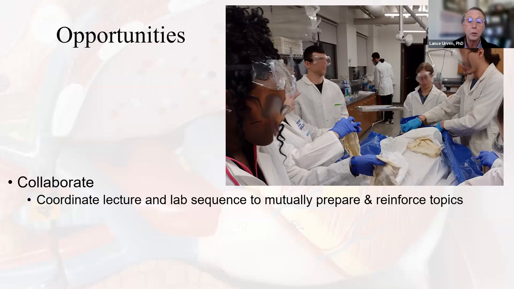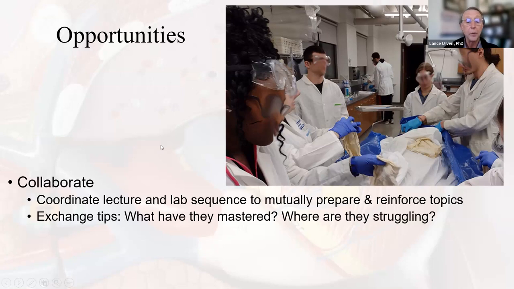What we want to do is coordinate them so that each is supporting the other. We want to either prepare the students for what's going to happen in the other part of the course, or reinforce what's in that other course that we feel perhaps they could use better support than we can give in one format or the other. And along the way, we'll sit down and compare our syllabi. I would like to cover this topic first, because it allows us to go on to this topic.